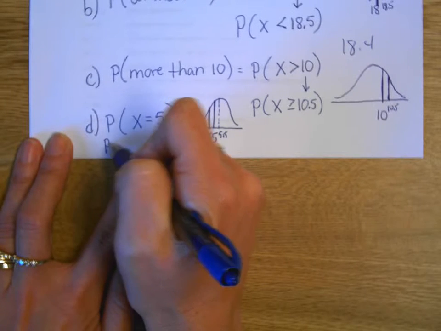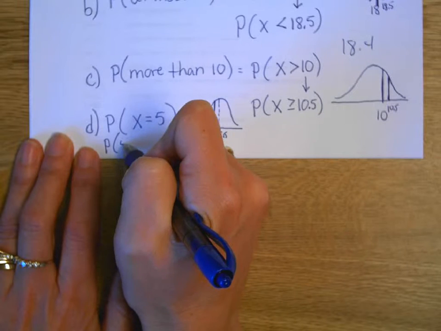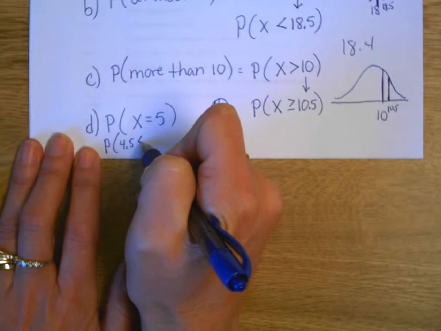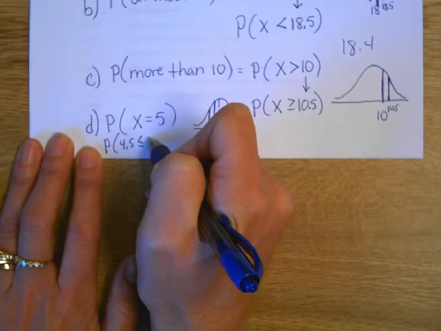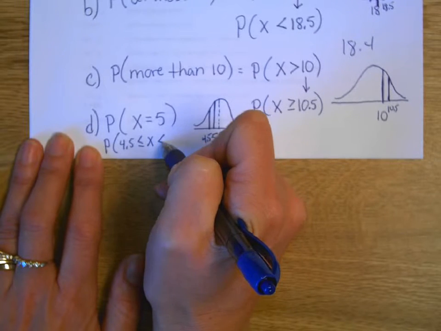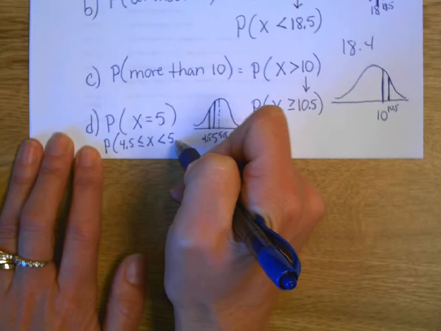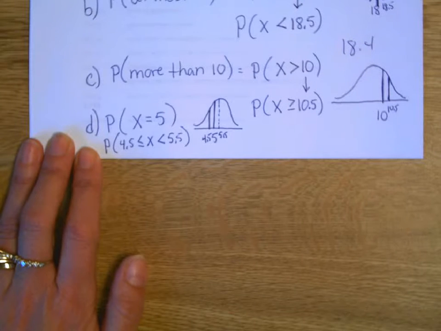So I would change this to say that 4.5 is less than or equal to X, and then just less than 5.5. I'm going to get mixed up with the dotted line.